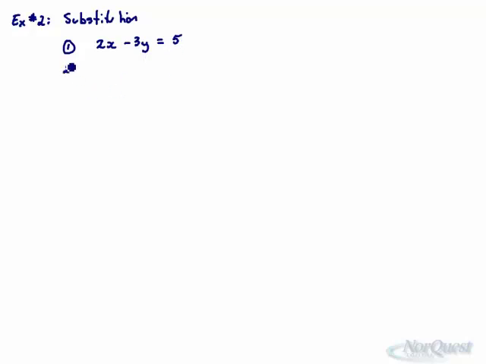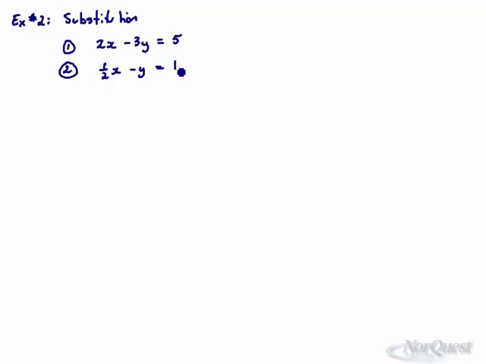Equation 2, 1/2 x minus y equal to 1. Now, if you don't want to work with fractions, you could change 1/2 into 0.5 very easily if you wanted to. But 1/2 is a pretty basic fraction. It's not that hard to work with, so I'm going to leave this as 1/2 x.